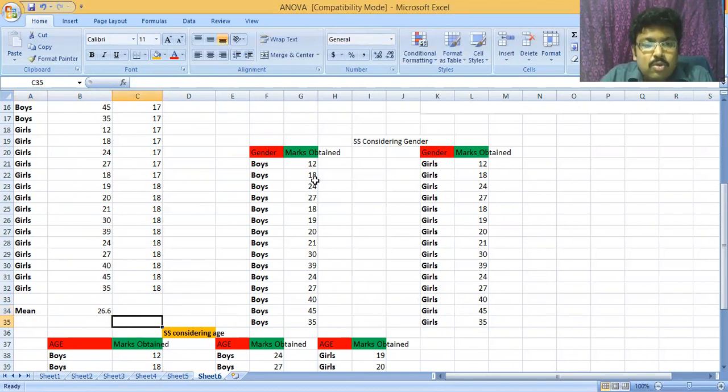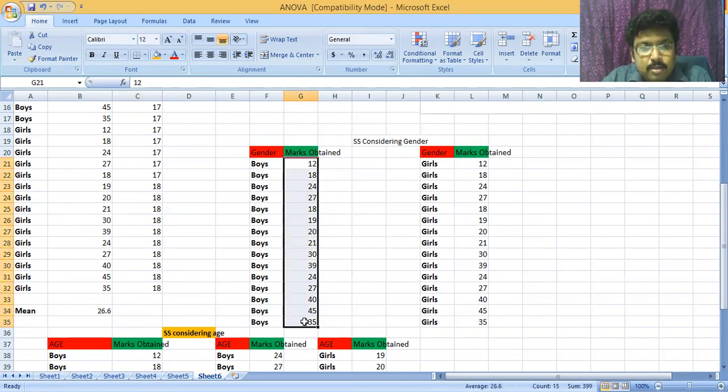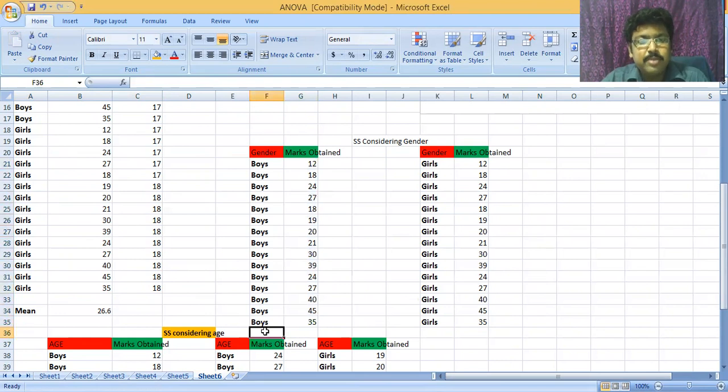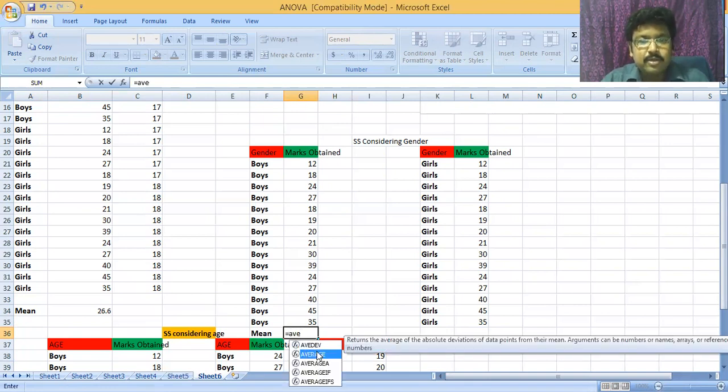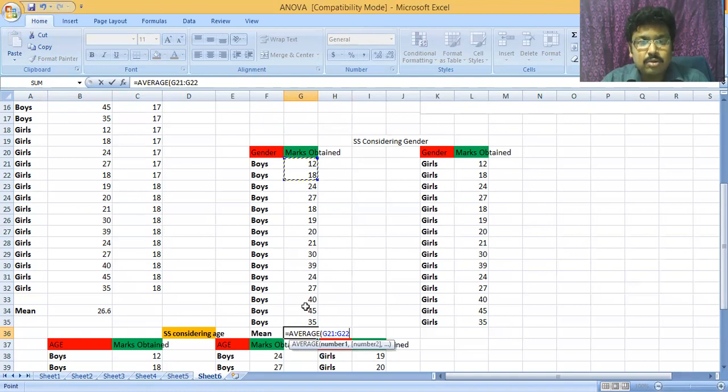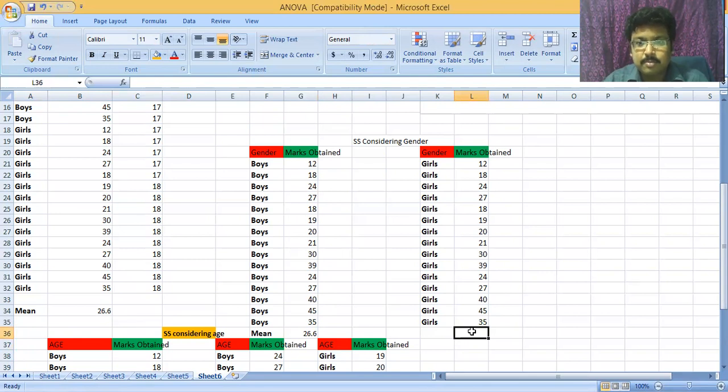Now, you have to find out the mean of this. You have to find out also the mean considering the gender. Okay, so mean is here equal to average, and you have to find out the mean, and this is the mean of the marks obtained by the girls.